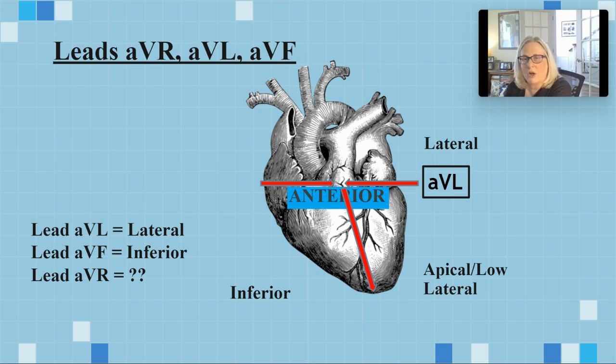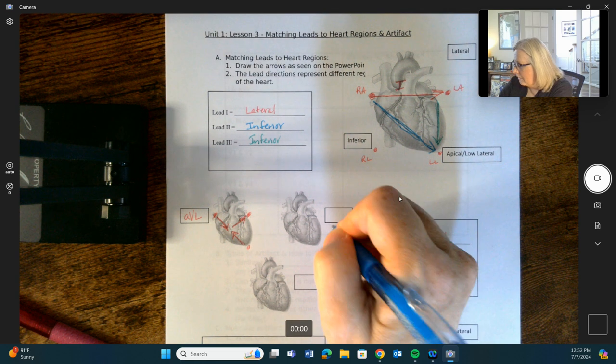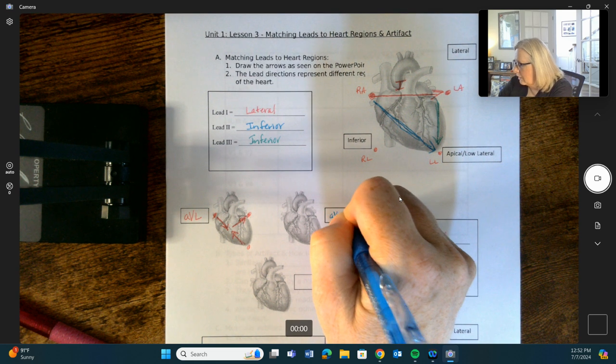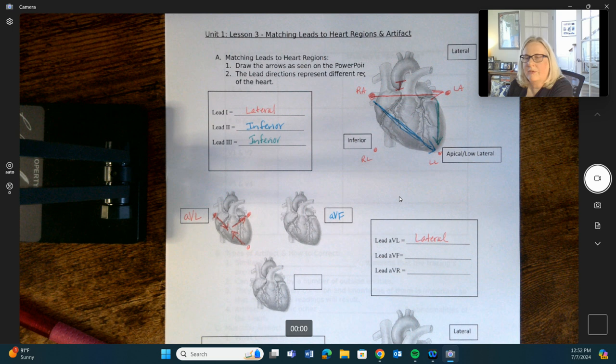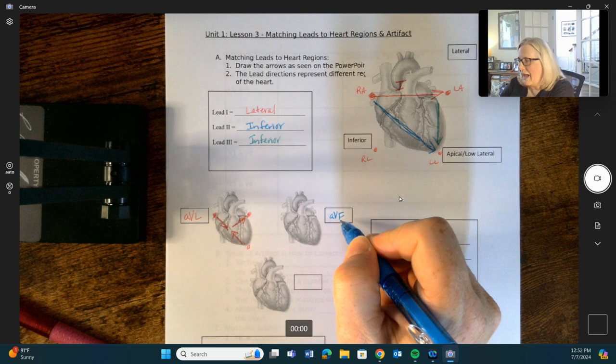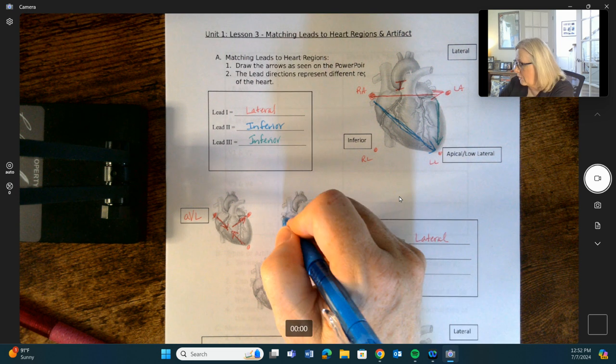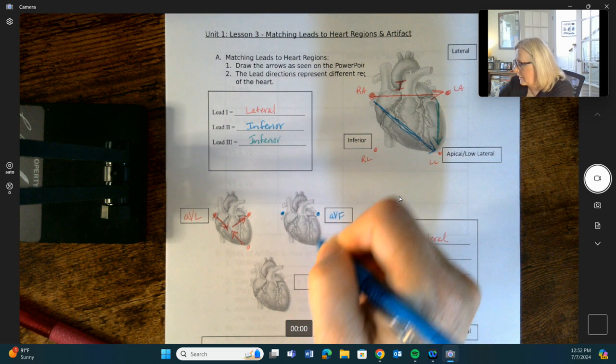And again, let's draw that together. So this is AVF. F stands for foot. Since we only use the left foot, it's got to land down here. So let's draw my 3 leads.